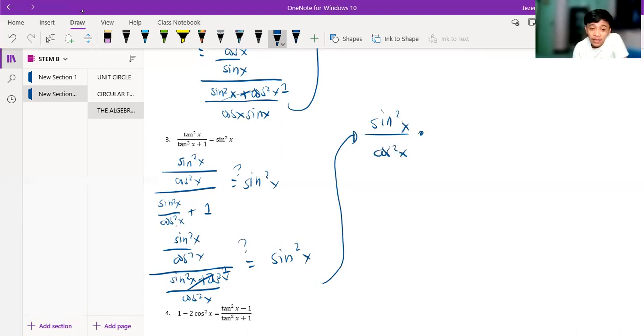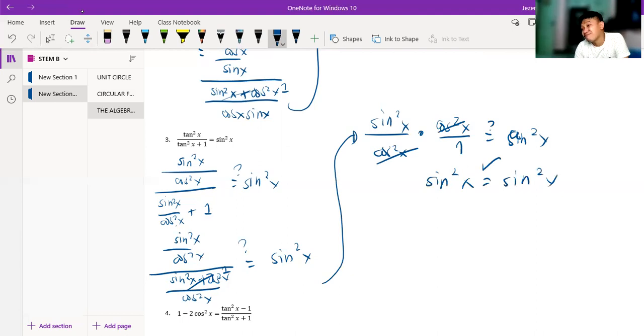Multiply natin kay reciprocal ng 1 over cosine squared x, which is cosine squared x over 1 equal to sine squared x. And then cancel natin. Therefore, we have sine squared x is equal to sine squared x. And that's correct. Okay? So, simple lang.